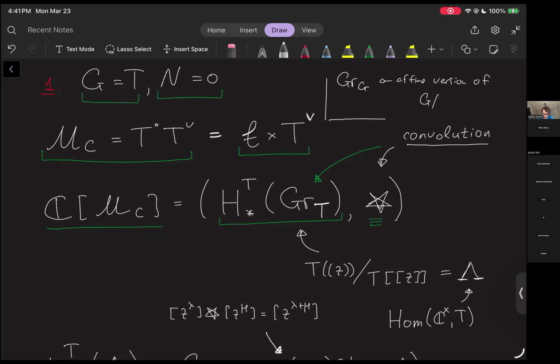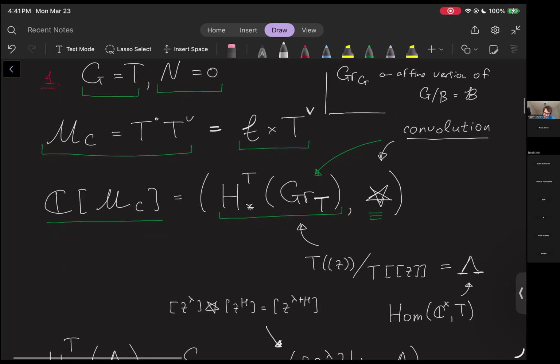Actually, of some parabolic version of the flag variety, but still, I will denote it by B. And it's a more or less standard story when we want to define the convolution product on the B-equivariant homology of G mod B, right? That you can also identify with the G-equivariant homology of the product B cross B. And then we have a convolution product here, right? Because on B cross B, it's like a matrix algebra. We can take products.